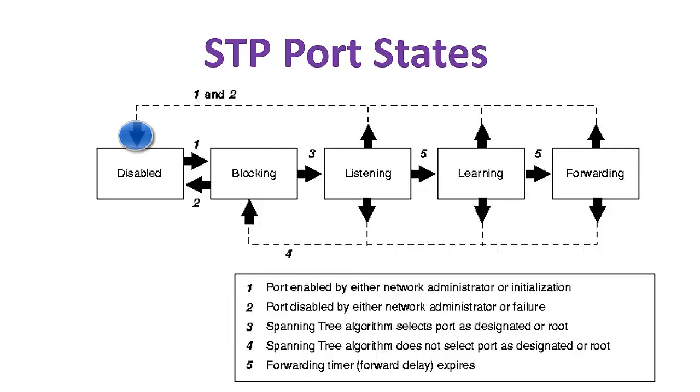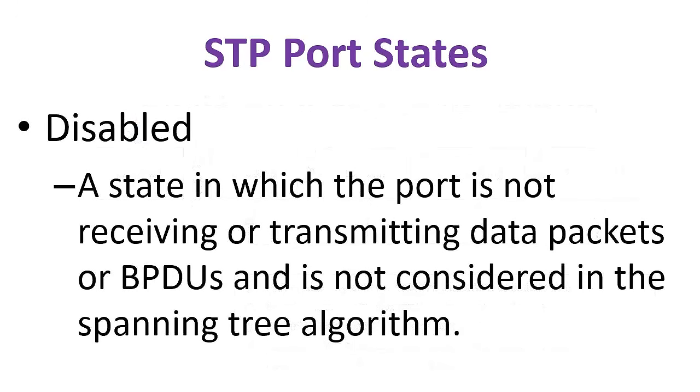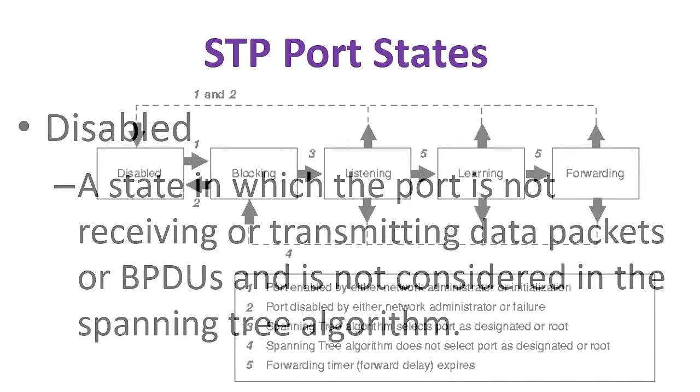Finally, let's talk about the disabled port state. A port is in a disabled state when the port is not transmitting or receiving data packets or BPDUs and is not considered in the spanning tree algorithm.